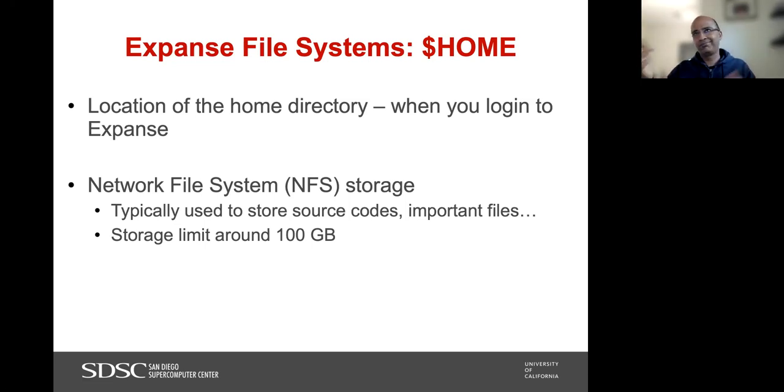So I just download the source from Git, store the source, compile it, and maybe even store the binary if it's not too big on this file system. Whereas the data that I download, which runs into tens of gigabytes, we have to store in a different place. The storage limit for this is 100 gig.